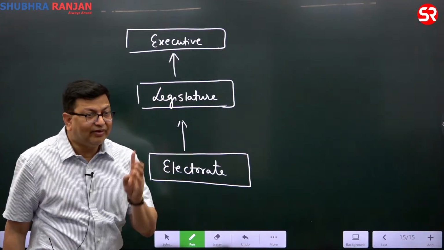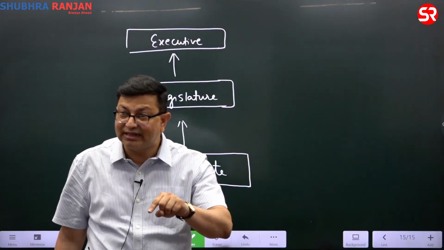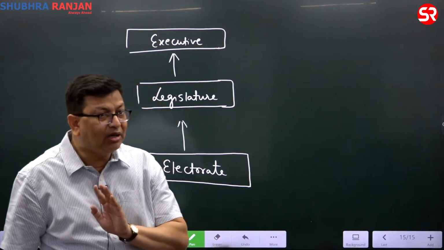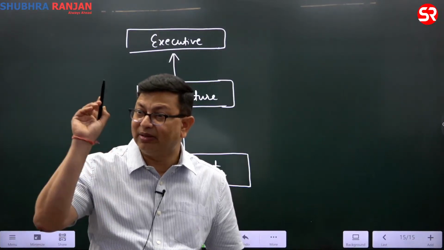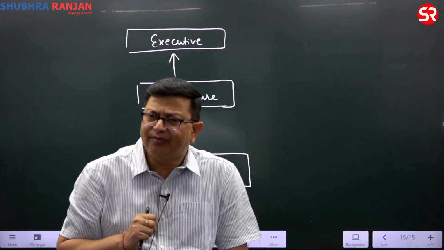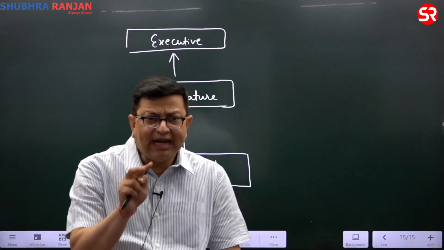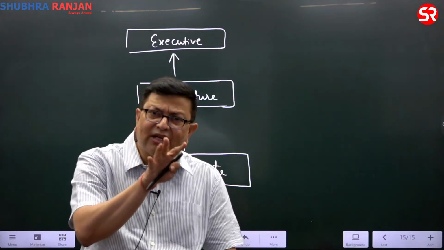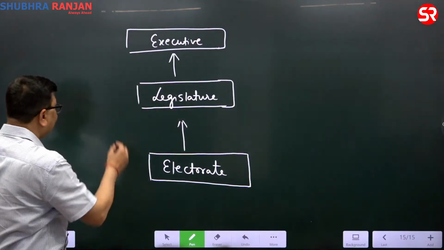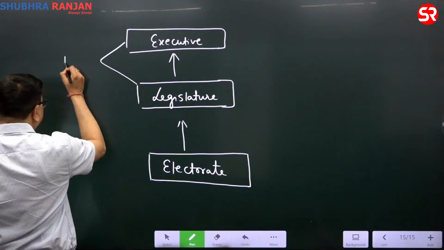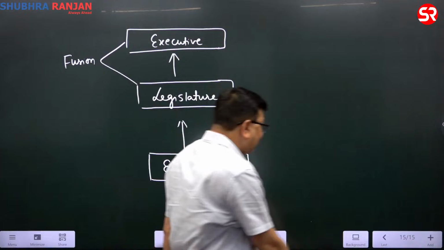You see, our prime minister must be a member either of the Lok Sabha or the Rajya Sabha. Then all our ministers are either the members of the Lok Sabha or the Rajya Sabha. At the state level also, our ministers are either the members of the Legislative Assembly, and in case of a bicameral legislature, either of the Assembly or of the Council. There is a fusion here. That is what we had written here.